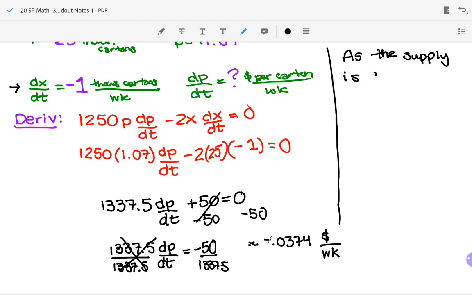It's falling or decreasing. As the supply is falling by 1,000 cartons per week. So start with the derivative you were given. Then say what's happening to the derivative you found.